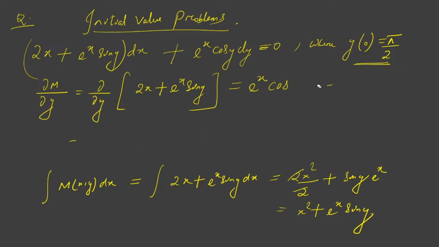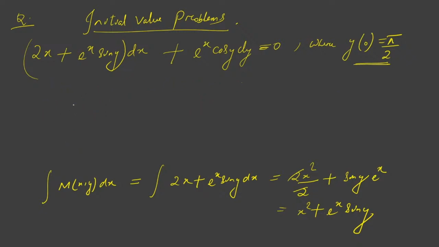We have already proved this is an exact equation. So now we can integrate only those terms of N of x,y which do not contain x. But here all the terms contain x, because e to the power x is multiplied with cos y, so we cannot integrate it. So simply, we can write the solution is x square plus e to the power x sin y is equal to c.